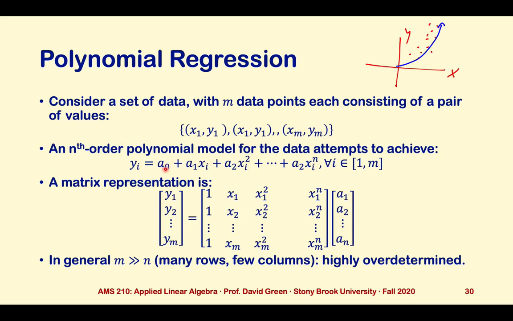The linear fit only has the first two terms. The quadratic fit only has the first three terms, and so on. And a perfect fit would let this equation be perfectly true for every one of the data points. That almost never happens.